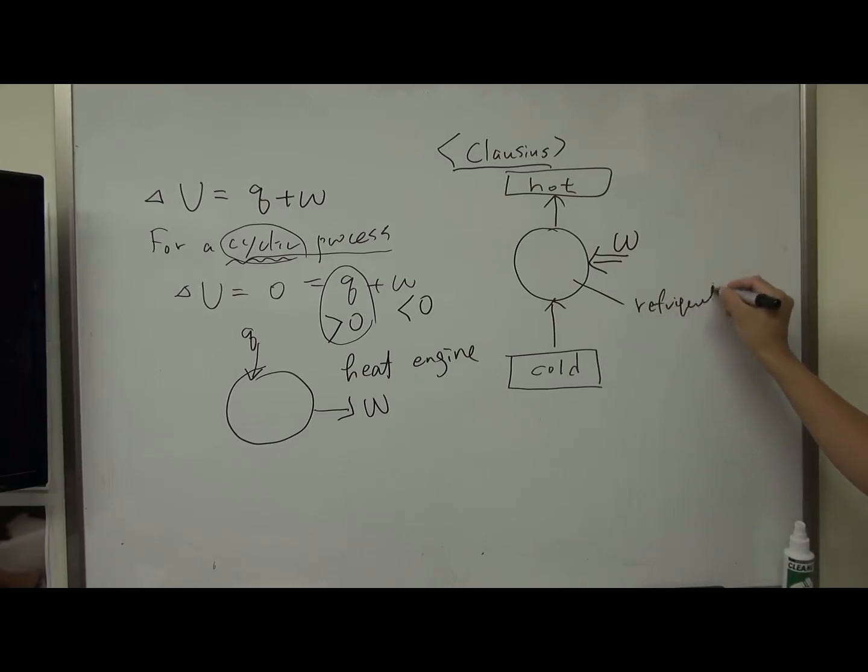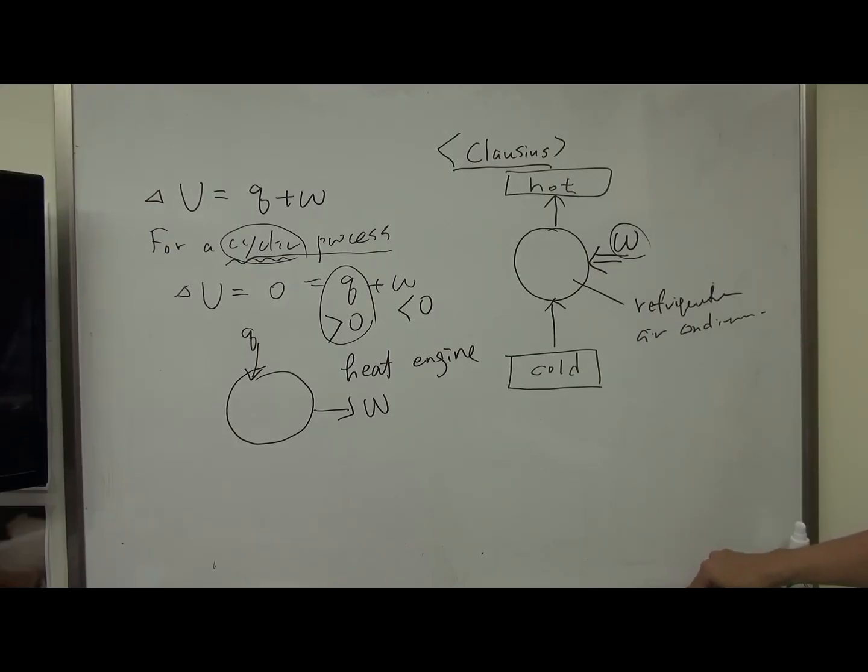A refrigerator, an air conditioner, something like that. To make the room cold using an air conditioner, we need electricity, right? This is the statement of Clausius, the second law of thermodynamics.